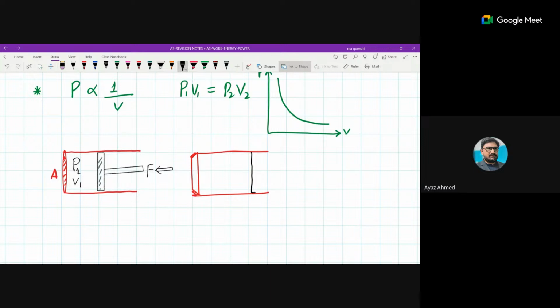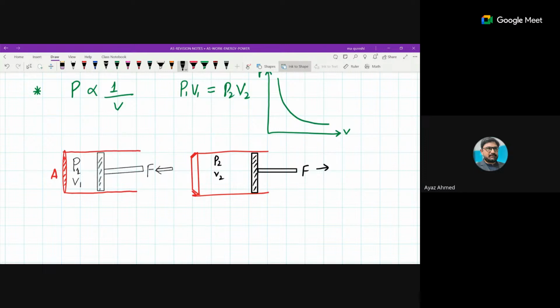Now this piston is shifted to this point, and the gas is exerting a force outward. Definitely, that is why the piston is shifted outward, right? The direction of the force is this way. It means here pressure is P2 and volume is V2.